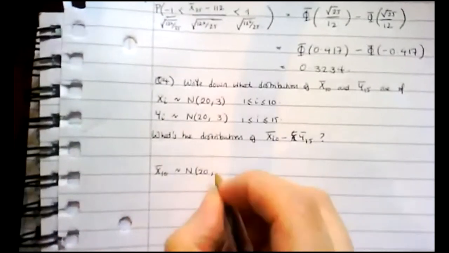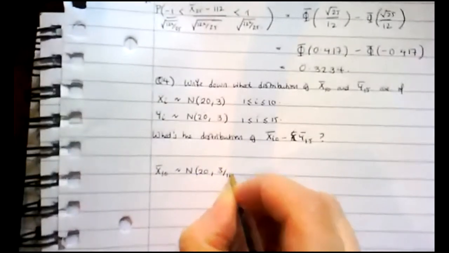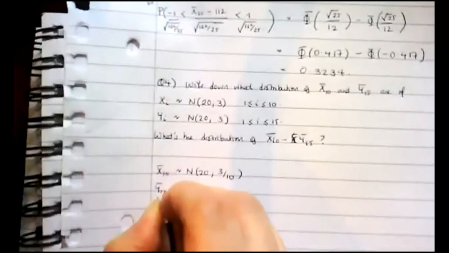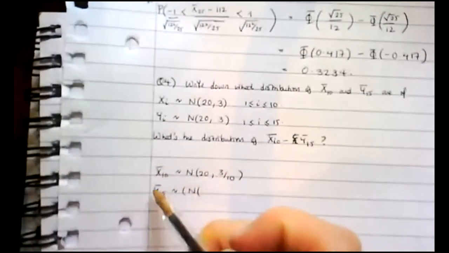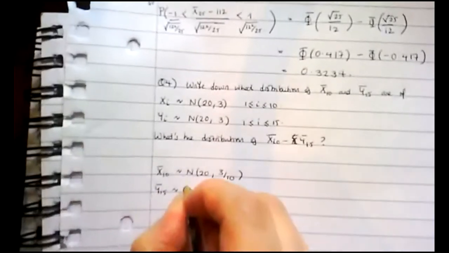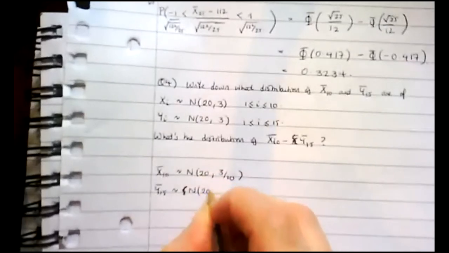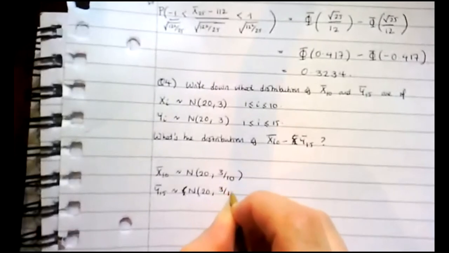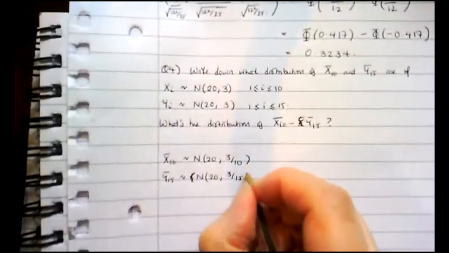So I need to go for 3 divided by 10. And the same with y bar 15. I've got the mean of this sample as 20 still, and the variance is going to be 3 divided by 15. That's because there's 15 elements in y.